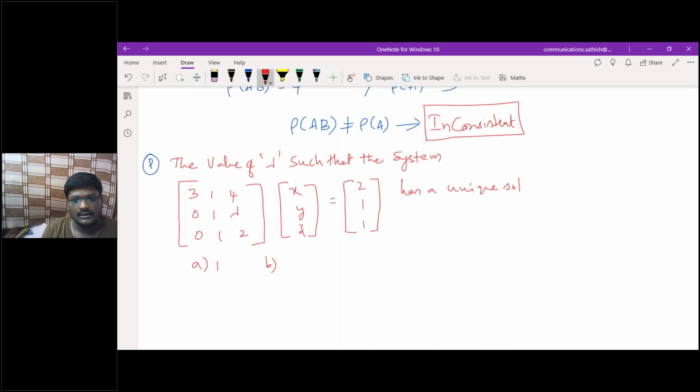Option A 1, option B minus 1, option C real numbers except minus 1, and option D none. This is the question.